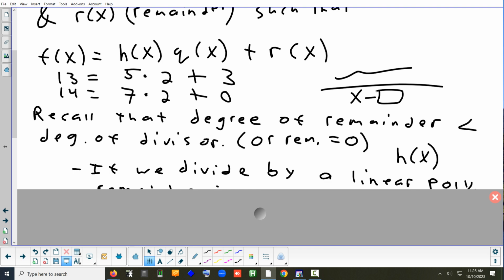We just said that the degree of the remainder is always less than the degree of the divisor. Here's your divisor. What's the degree of a linear divisor? Yeah? 1. That's a degree of 1. The degree of the remainder is less than that. What's less than degree 1? 0. Degree 0. What does degree 0 mean?